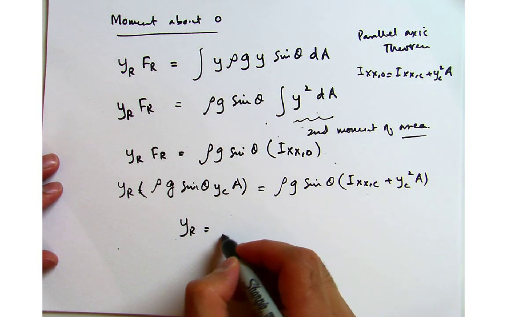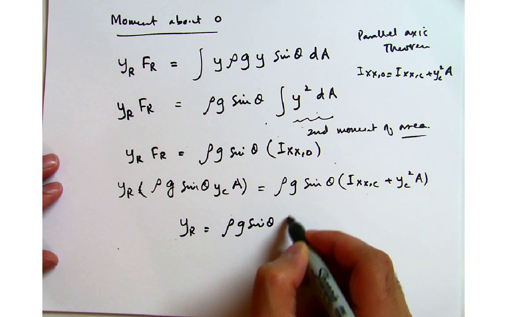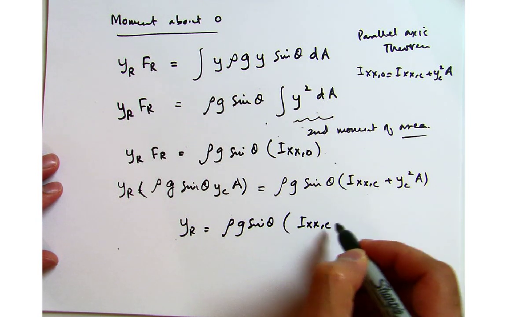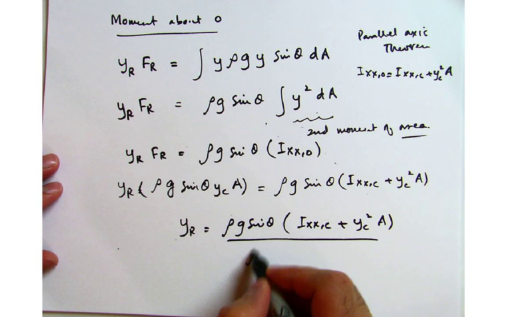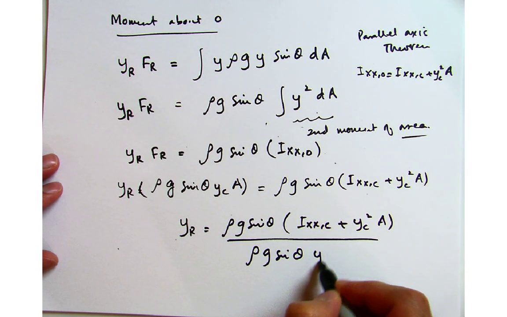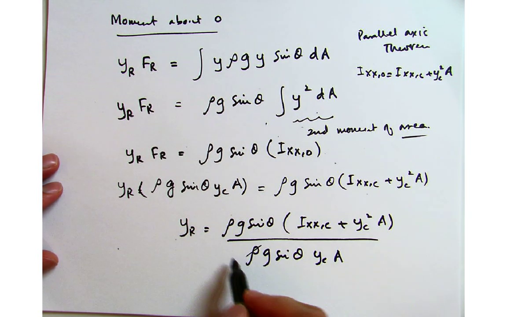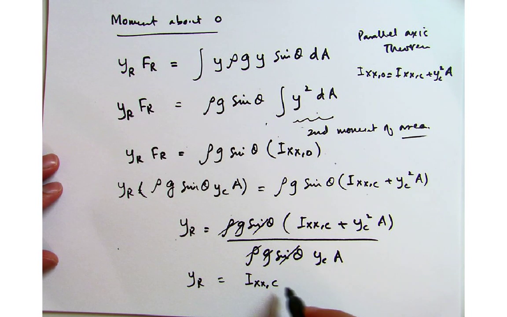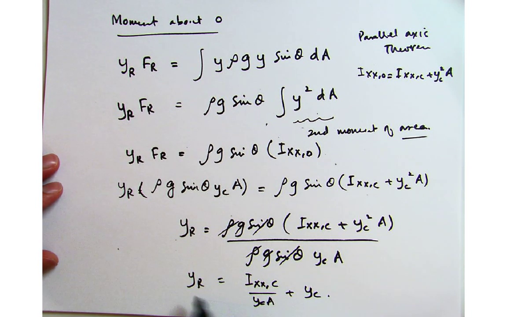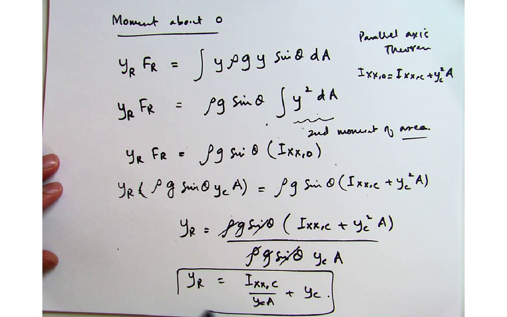Simply divide this by rho g sine theta y_c A. The rho g sine theta cancels out, and what we are left with is y_R is equal to I_xx,c over y_c A plus y_c. So this is where the resultant force would be acting.